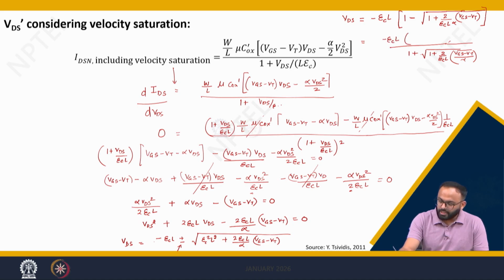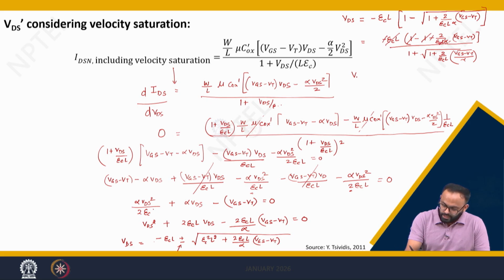If you multiply it with 1 plus square root of 1 plus 2 divided by EC into L into alpha VGS minus VT, it is A minus B into A plus B will give you A square minus B square. So, minus 1 minus 2 divided by EC into L into alpha VGS minus VT. So, when you open this will cancel, and when you open the bracket, this minus and minus gets cancelled, ECL will get cancelled.